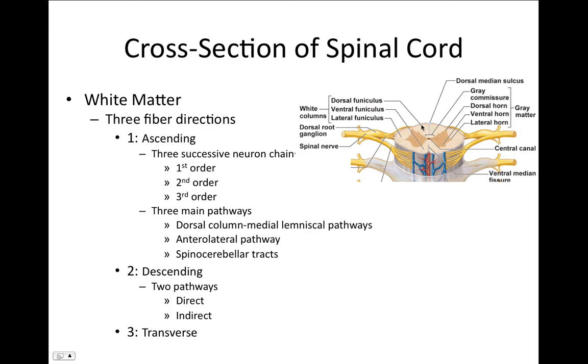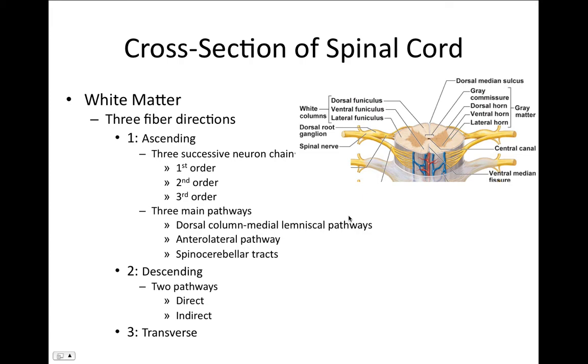so you can see it right on here, and it's going to go into the dorsal and medial pathways, so this region on both sides, and go up into the brain, into the cortex to relay information. You can have the anterolateral pathways, so that would be over here, anterolateral on both sides, can relay pain and discomfort.